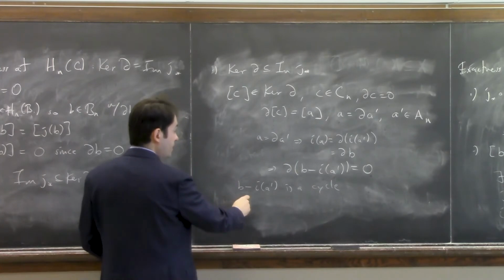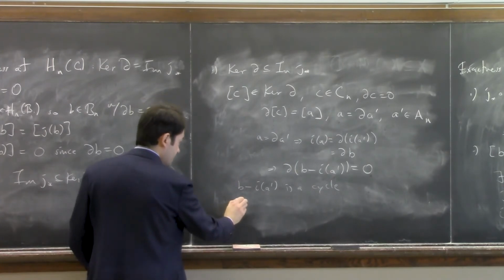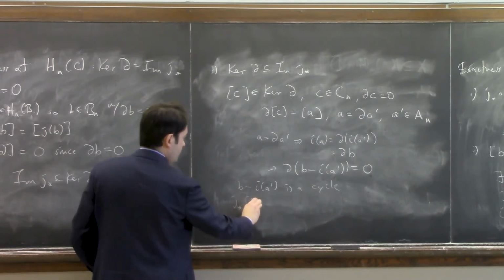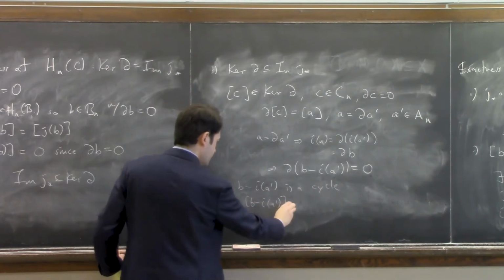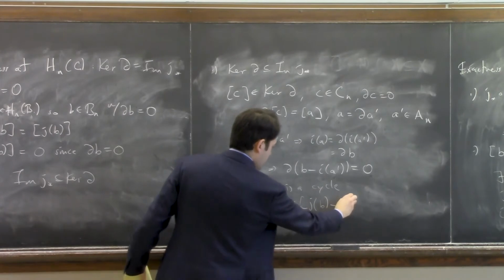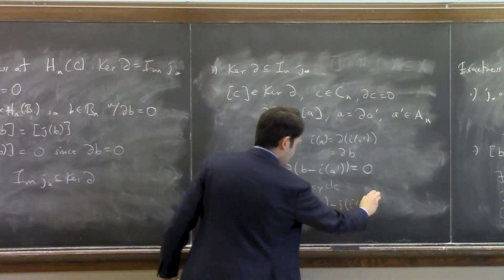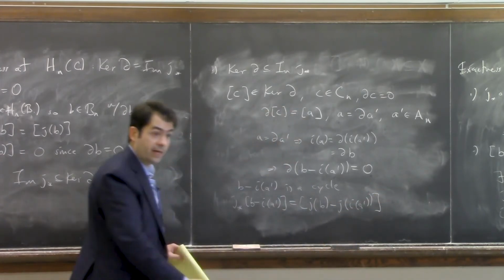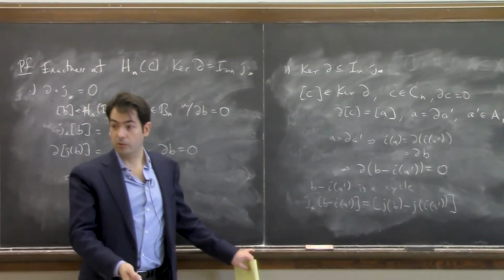And if you hit it with J, so J sharp of this cycle is equal to what you get like that, but J composed with I is equal to 0.